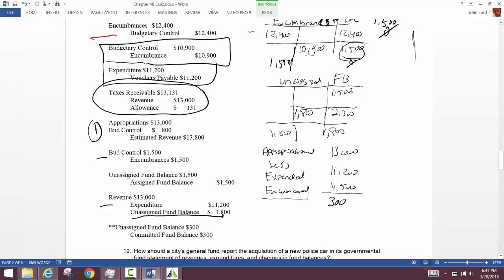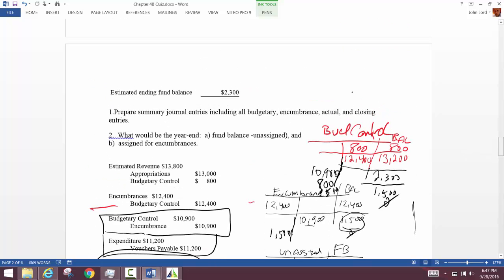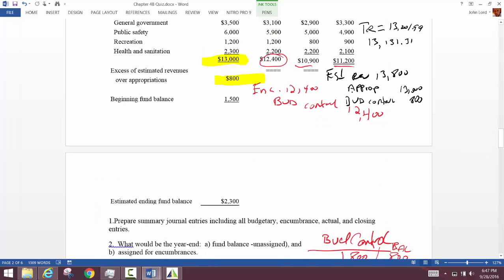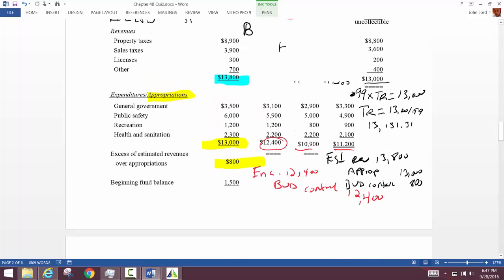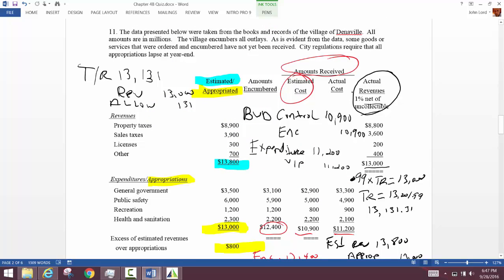Now this problem told me that they had a beginning unassigned fund balance of 1,500. In the fact pattern at the very beginning, they just tell me that there's a beginning fund balance of, let's see how nuts this thing's going to go. Not too bad, I guess.